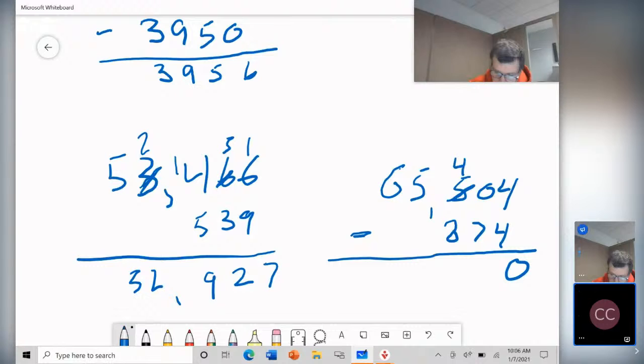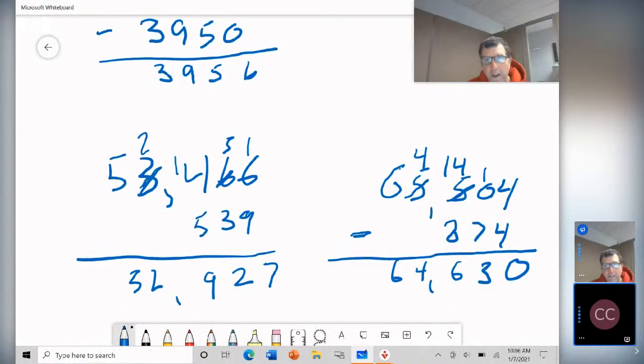So that becomes a 4. That becomes a 10. So 10 minus 7 is 3. Then we get up here, we're like, oh, that 4 is smaller than the 8. I'm going to have to borrow. So that becomes a 4. That becomes a 14. 14 minus 8 is 6. And that's a 4. And that's a 6. And you can put the comma in there if you want. You don't have to. It's really up to you. It's exactly the same thing.